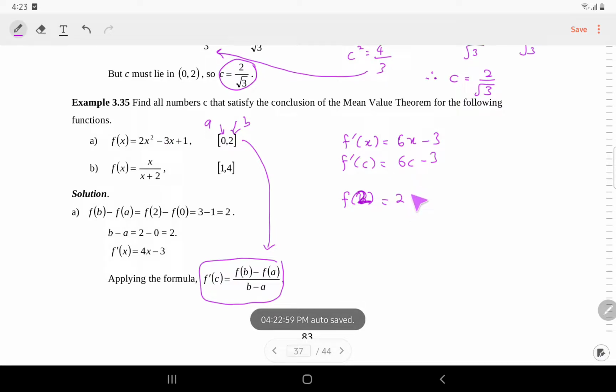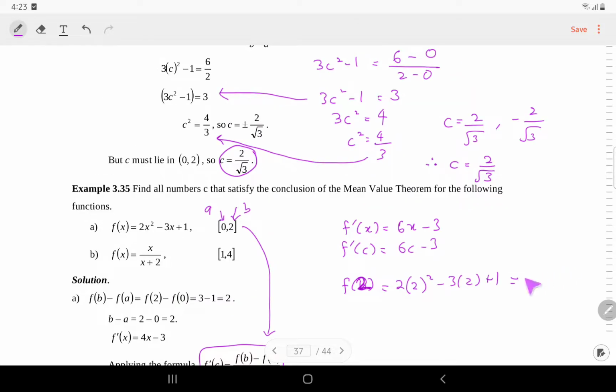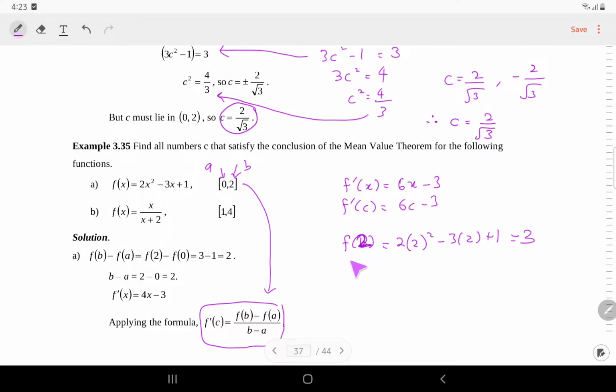So kita masukkan 2 kat sini lah. Okay, 2 multiply with 2 square minus 3 times 2 plus 1. Okay, so kita akan dapat jawapan. So the answer is 3. Okay, and then for fa, okay, here our a is 0. So 2 times 0 square minus 3 times 0 plus 1.